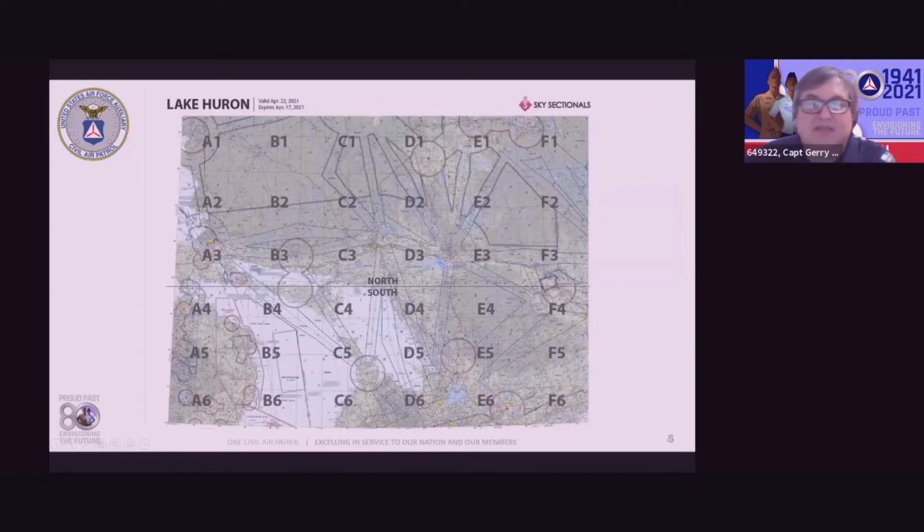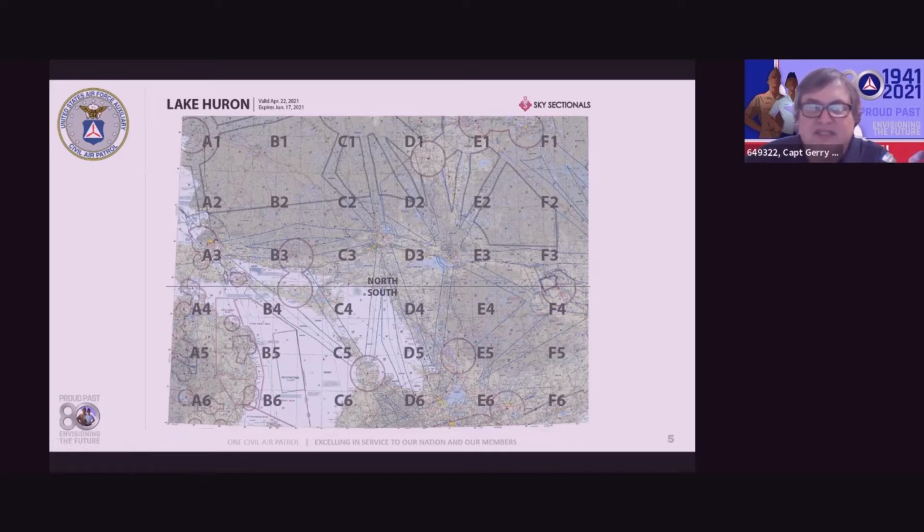I'm in Sault Ste. Marie, so let's take a look at the Lake Huron sectional. As you can see, it breaks down. We've got part of the eastern UP, a good portion of the thumb, and the northern portion of the lower peninsula.